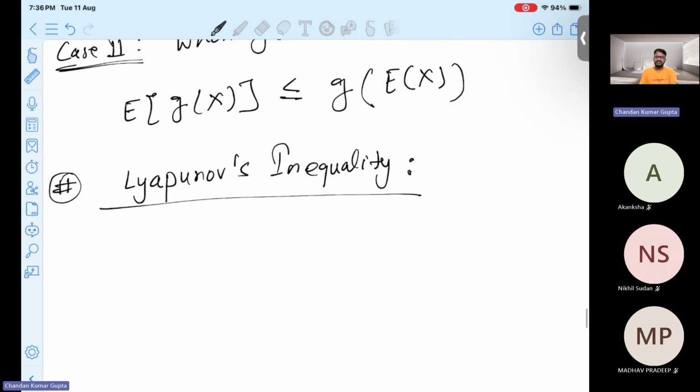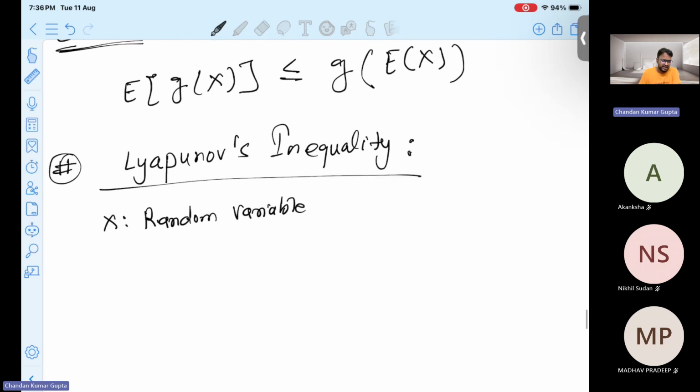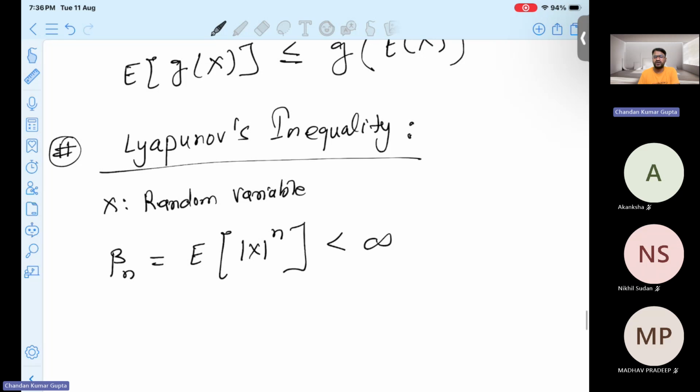Suppose we are given a random variable and we have a function, defined as the expected value of this. That means this must exist; it must be finite, less than infinity.